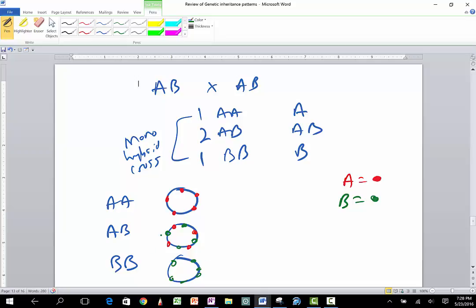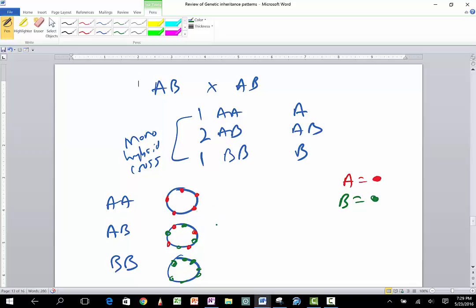So if you get the A and the B allele, you get both, and that comes up as type AB. If you've got just the B allele, you get the green carbohydrate cell surface molecule, and if you get just the A allele, you get just the red. So 1 to 2 to 1, that means it's a monohybrid cross.